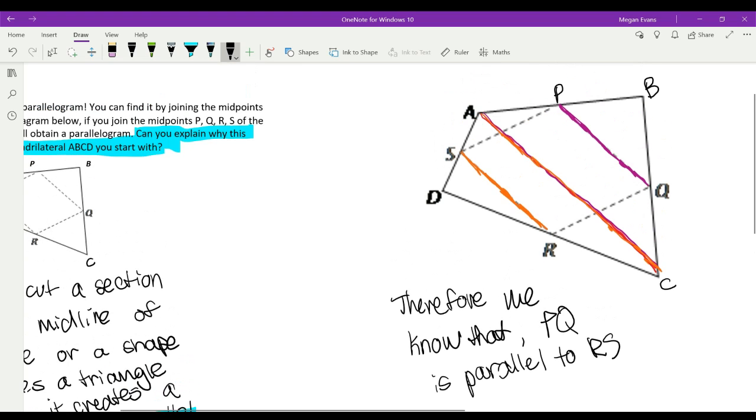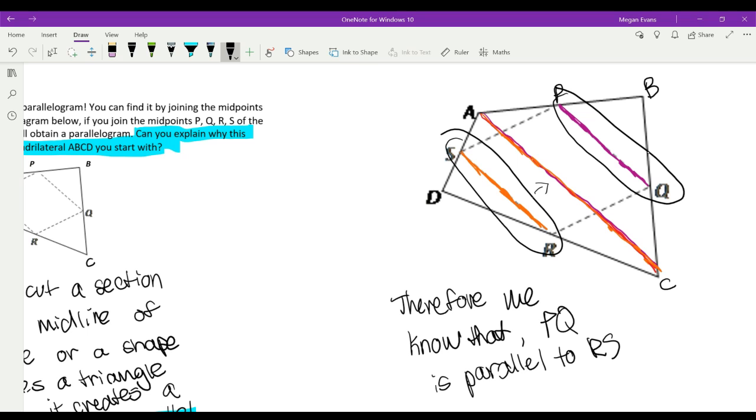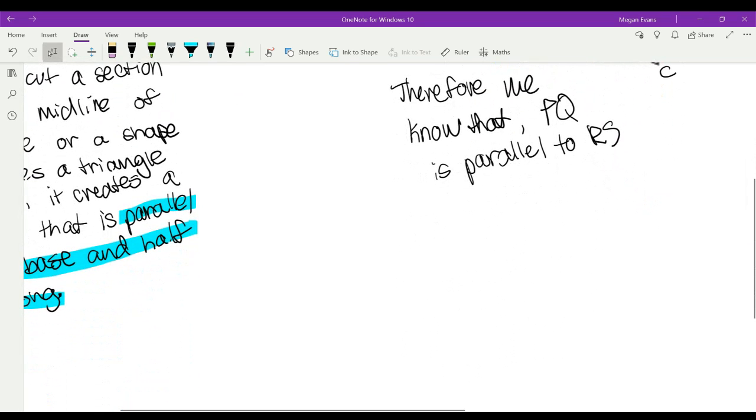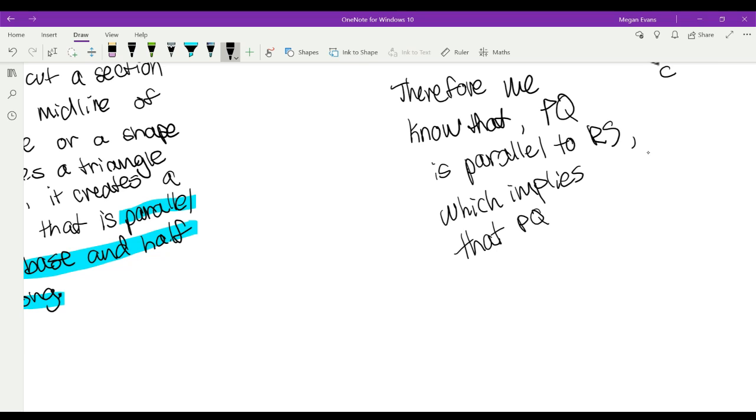And we can see that by just taking a look. So P to Q and R to S, they're both equal to half of A to C, which means they are both parallel and equivalent, which implies that PQRS is indeed a parallelogram.